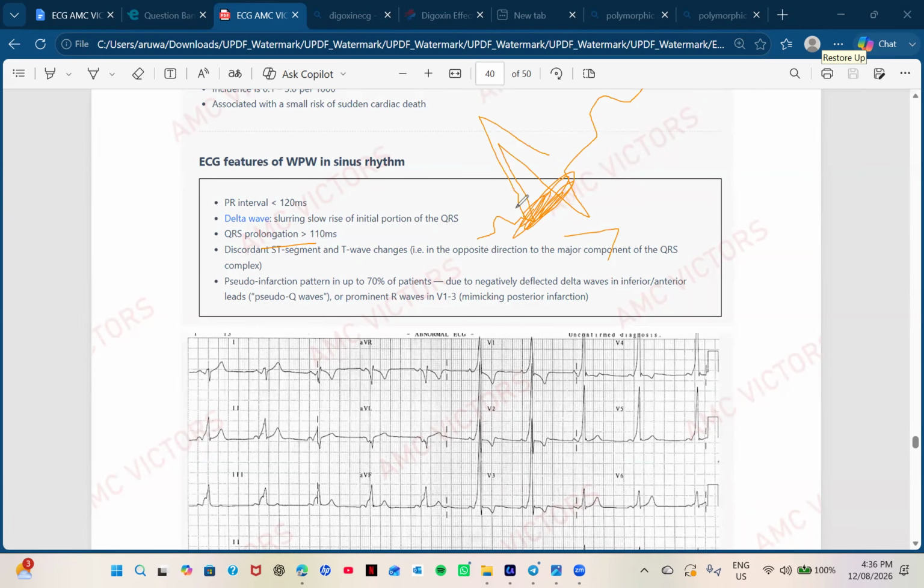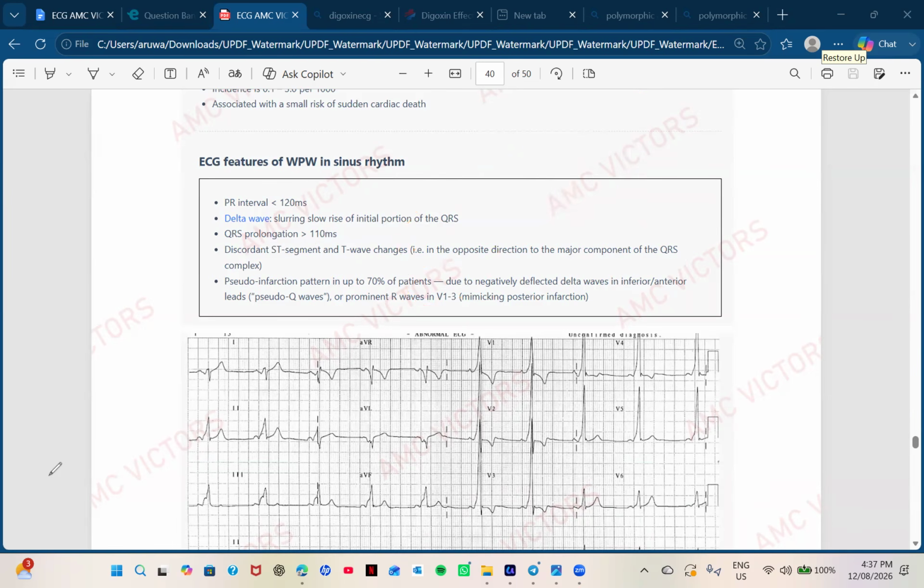Then the PR interval is reducing because there's an upstroke starting like this. Because of that, the PR interval is reducing like that.